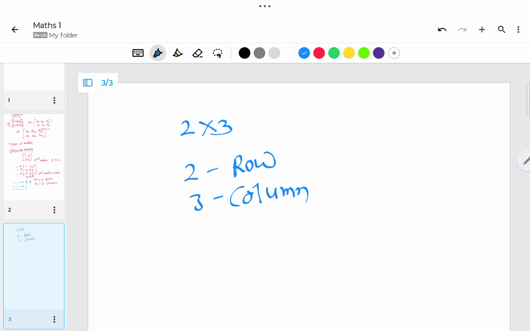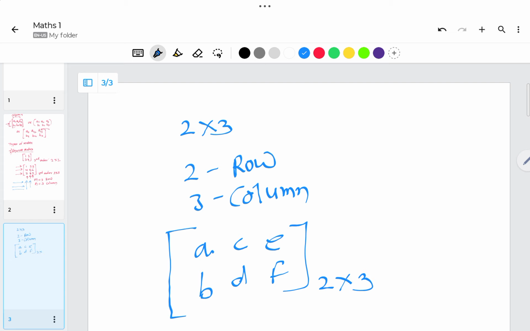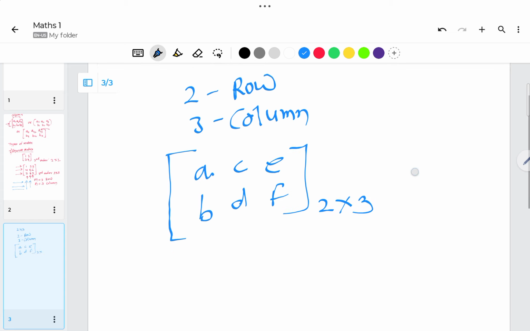I can take any example: 2 rows A, B, C and D, E, F. It is a 2 into 3 matrix. Have you got it? Okay.